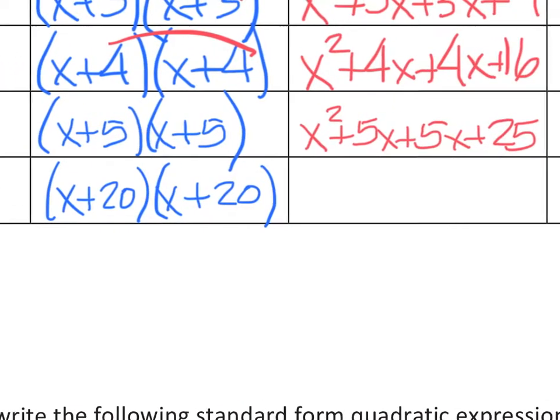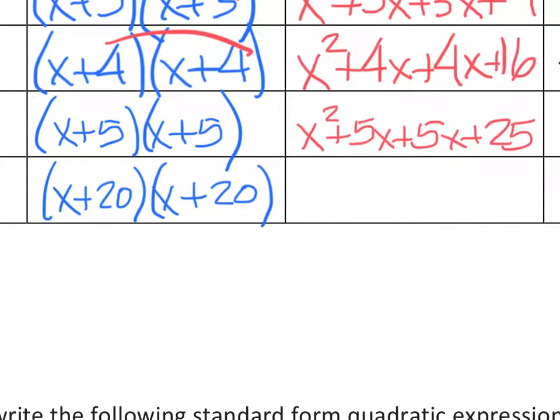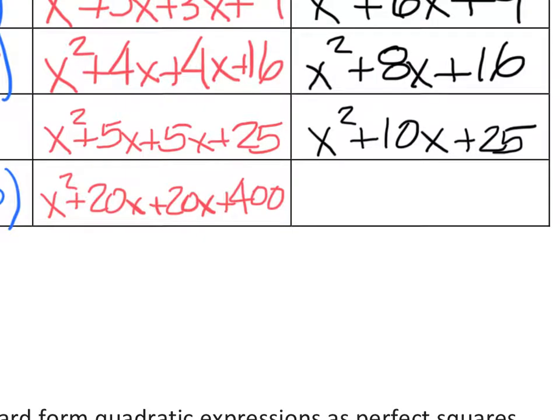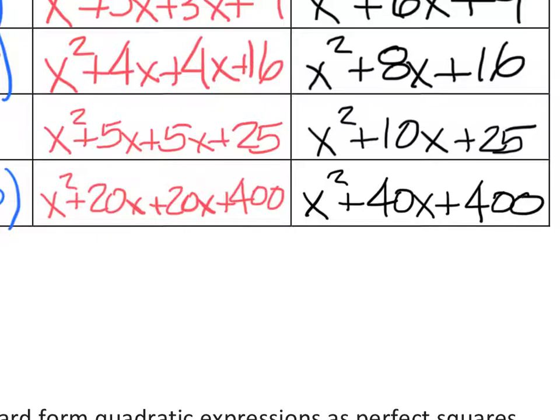When I multiply those two together, what do I come up with? x squared plus 20x plus 20x plus 400. That's right. When I simplify, what do I get? x squared plus 40x plus 400. That's right.